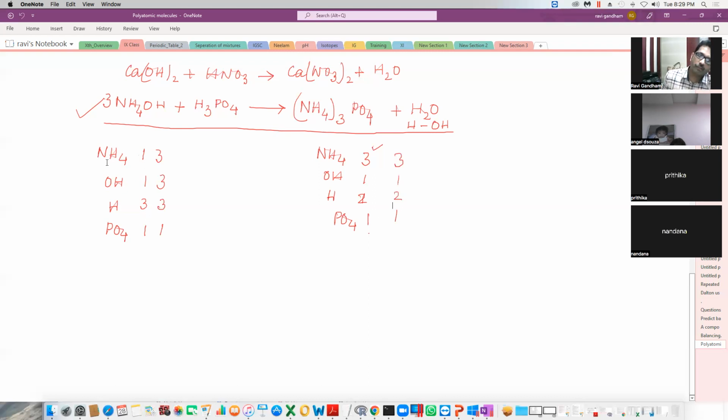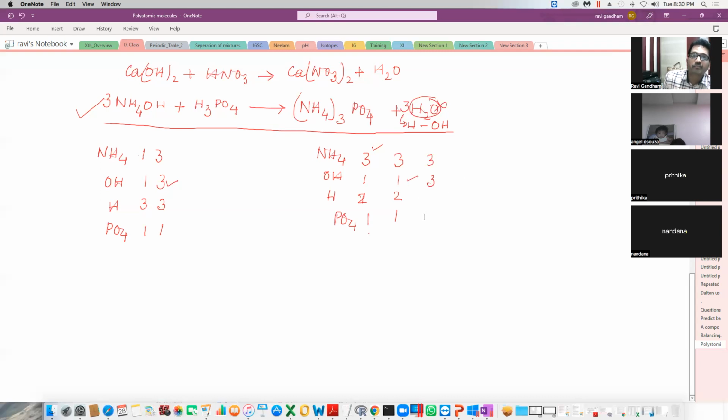So we'll add 3 here. Is that okay? Yes, sir. When you add 3 here, the coefficient should be added to this, not to this molecule. And the coefficient is added here. You have 3 OH. Is that okay? Yes, sir.